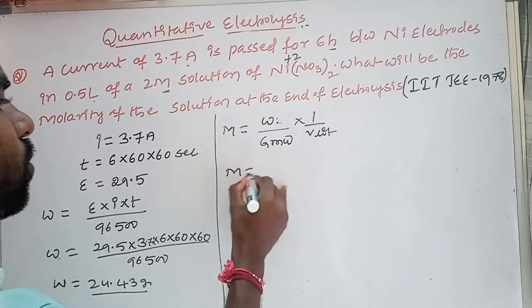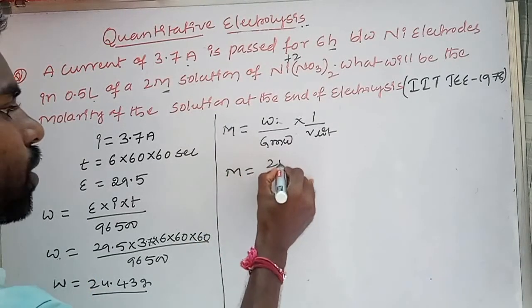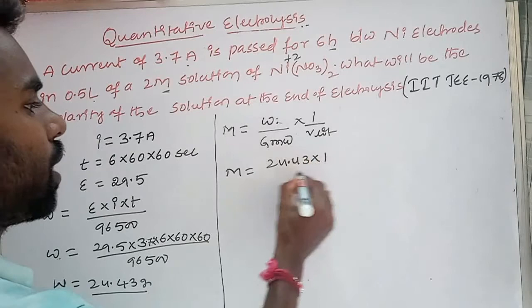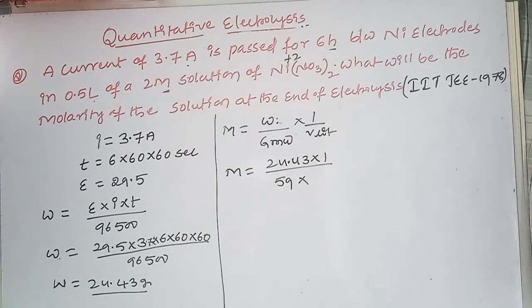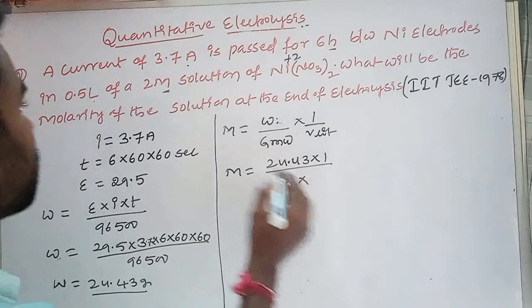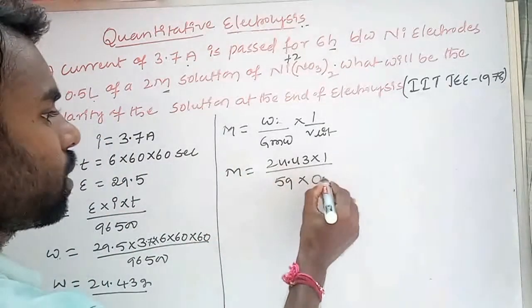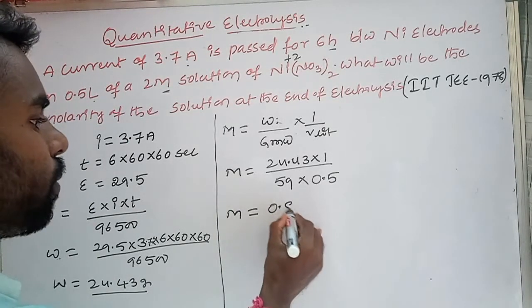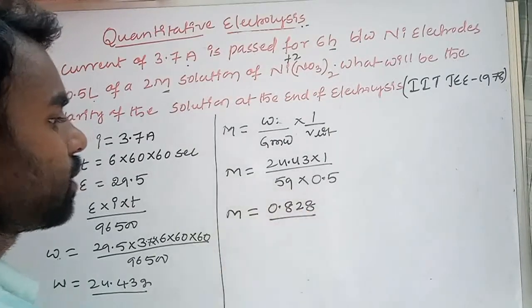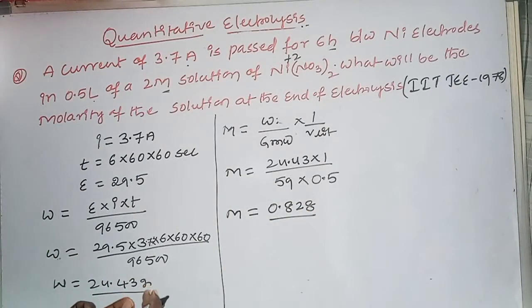So molarity equals how much weight is there? 24.43 into 1 by, what is the gram molecular weight of nickel? 59. Then what is the volume of the solution? 0.5. If you simplify this, the molarity is 0.828. So this much concentration was deposited on the electrode.